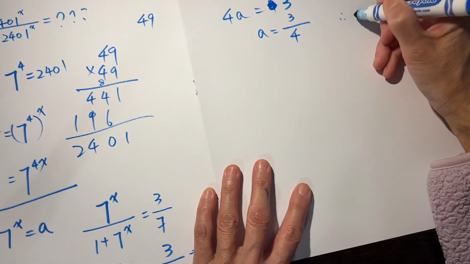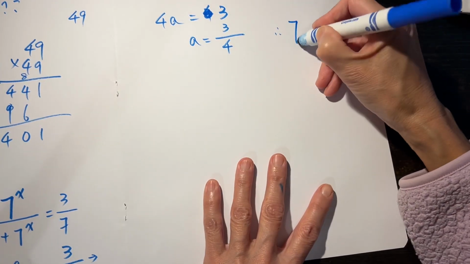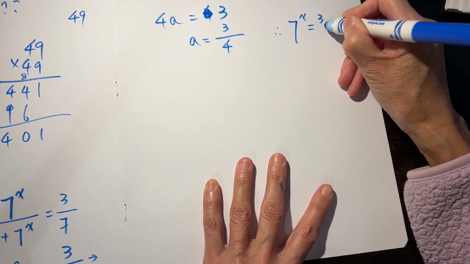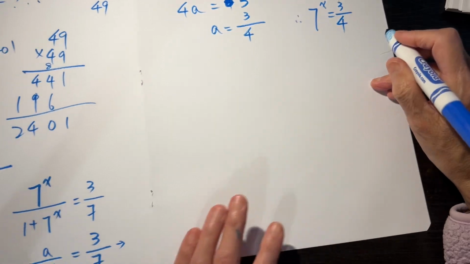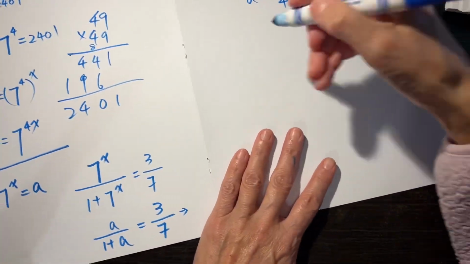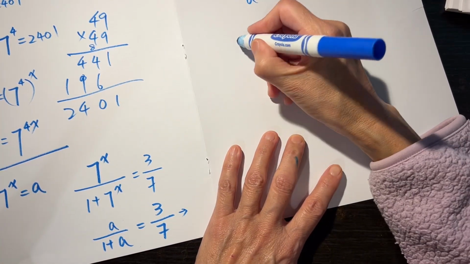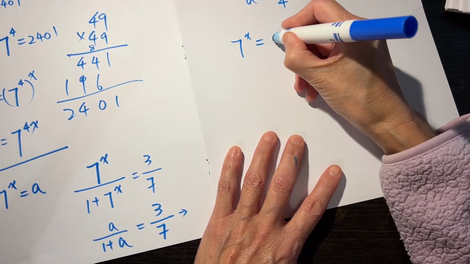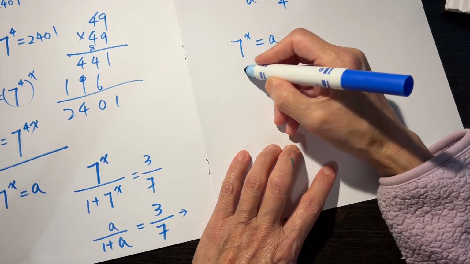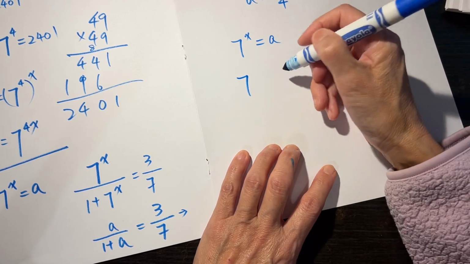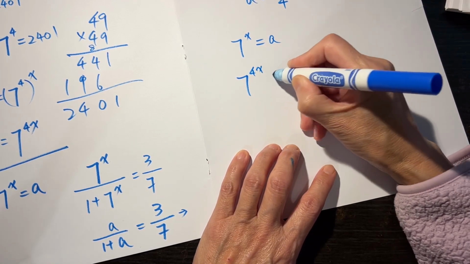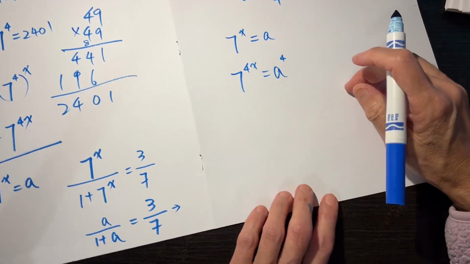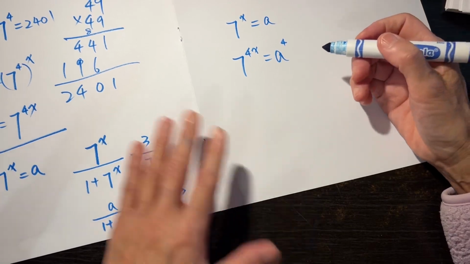So 7 to the power of x equals 3 over 4. Now 7 to the power of x is a, so 7 to the power of 4x is a to the power of 4, right? This is an equivalent change.